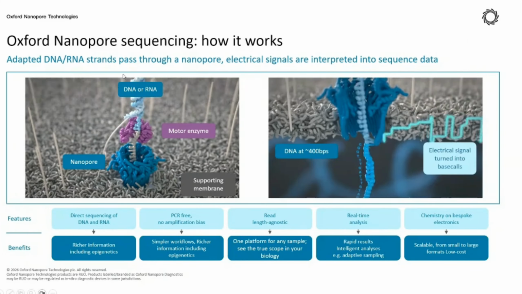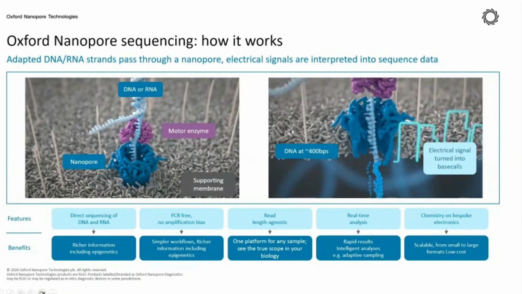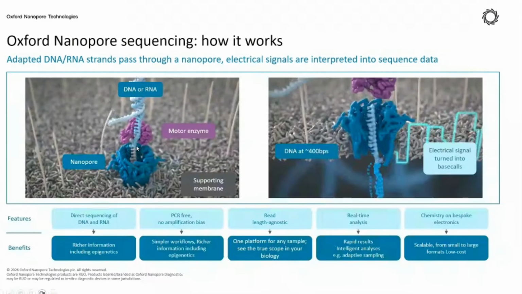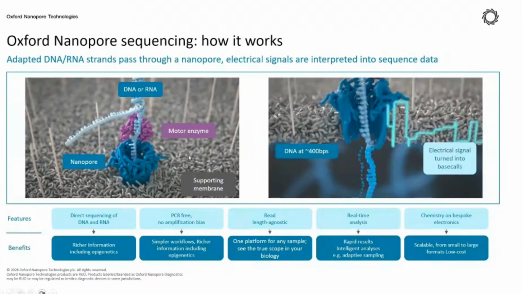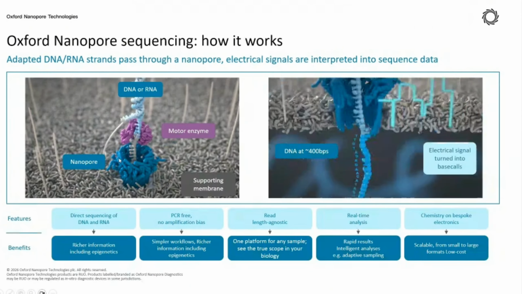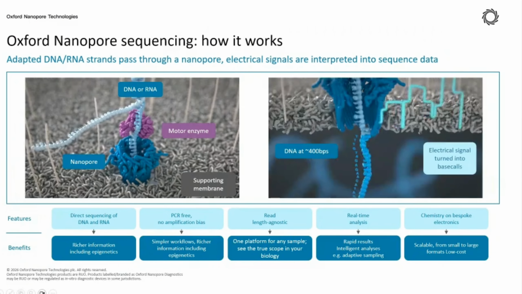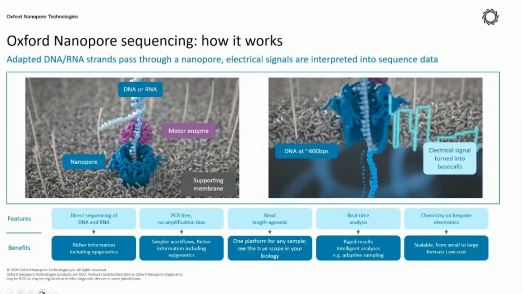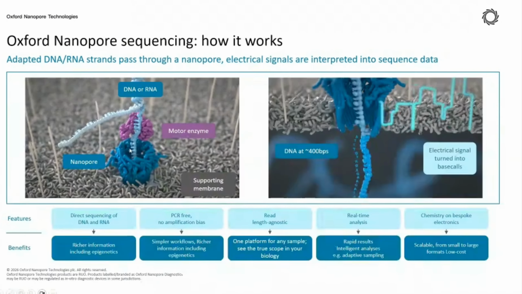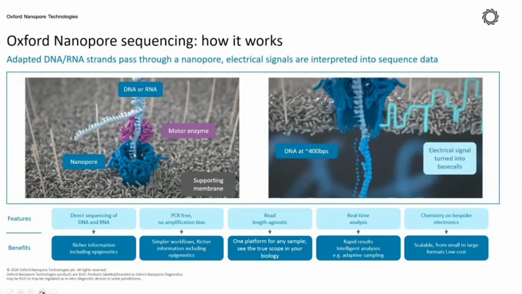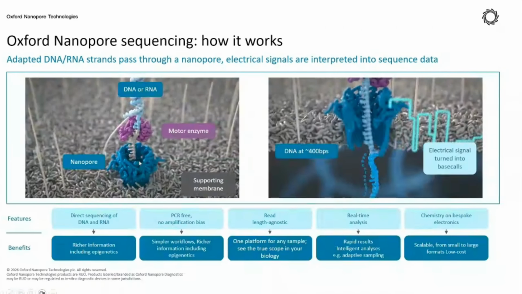The motor enzyme will bring the DNA or RNA molecule all the way to the nanopore protein. While this happens, the motor enzyme will unwind the double-stranded DNA molecule, make it into a single strand, and let the strand pass through the pores.